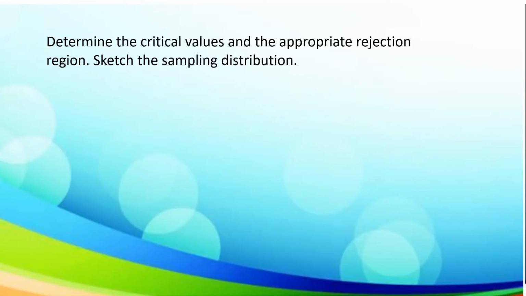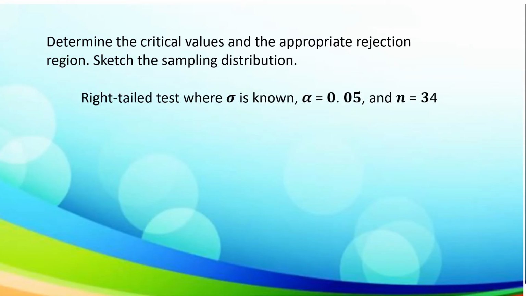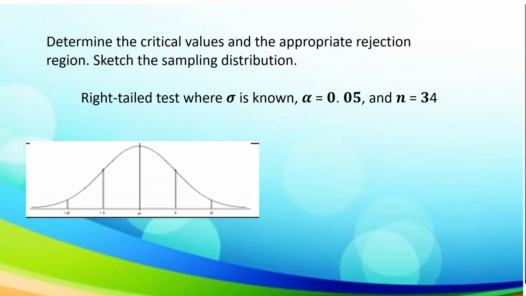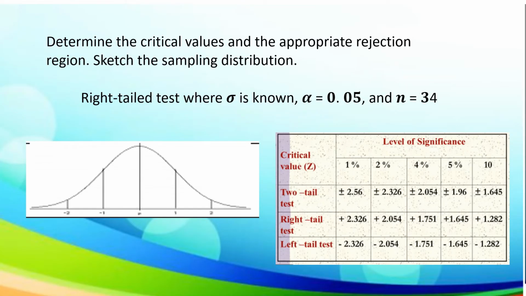Now, to deepen our understanding, let us determine the critical values and the appropriate rejection region. Sketch the sampling distribution for a right-tailed test with a known population standard deviation, a level of significance of 0.05, and a sample size of 34. Using our standard normal curve, let us apply the given data.